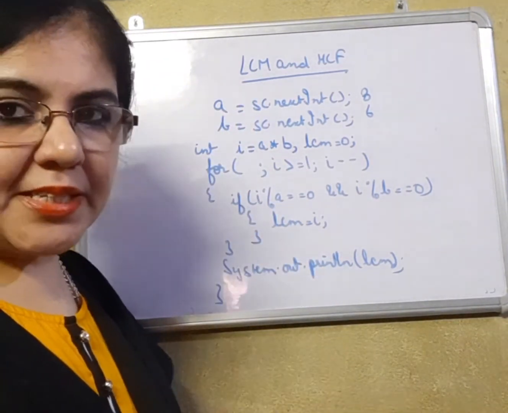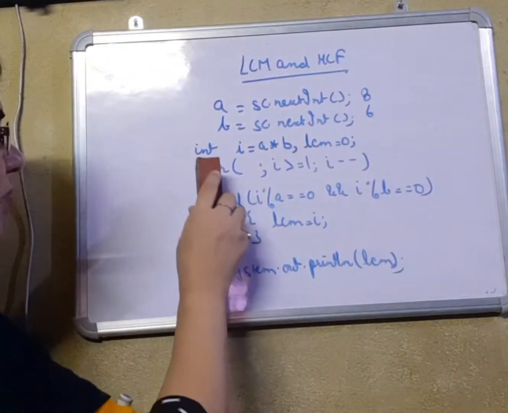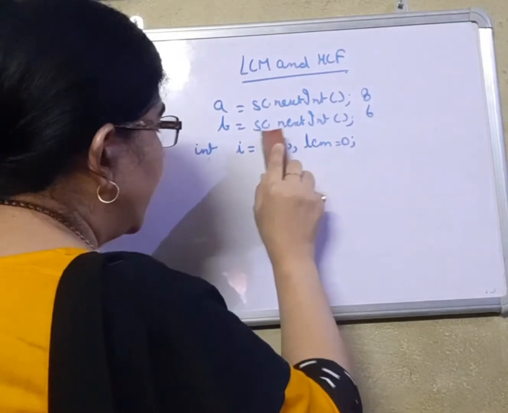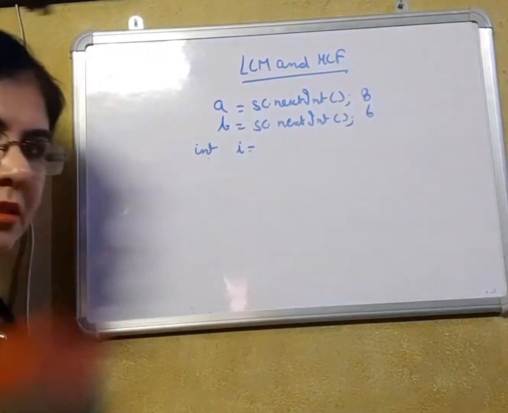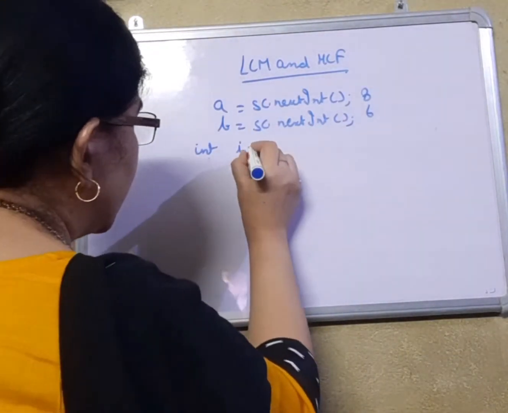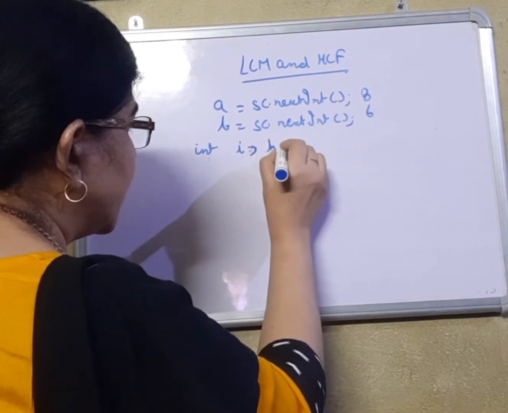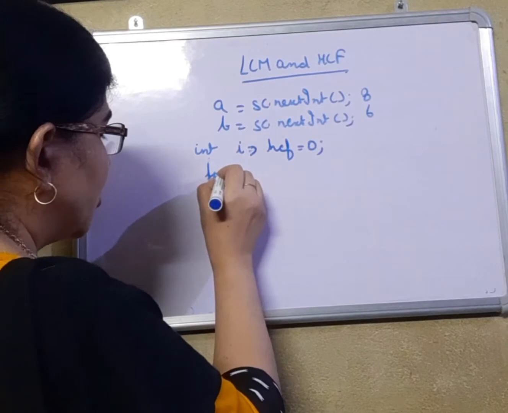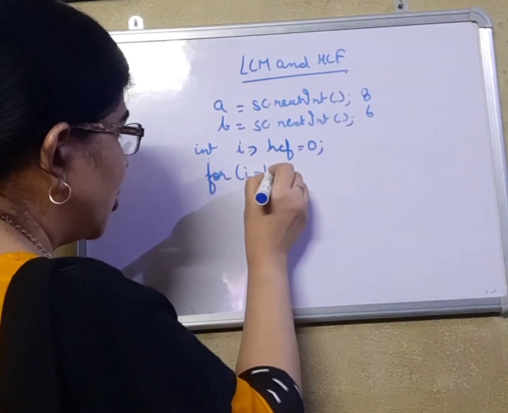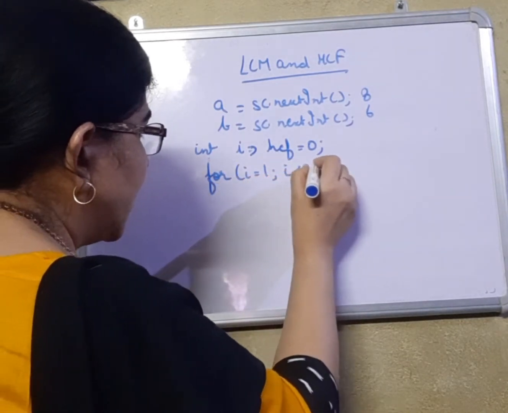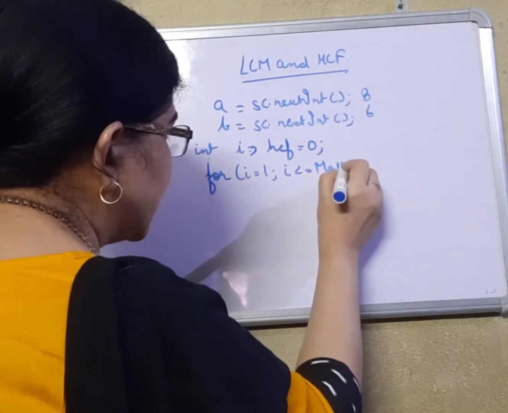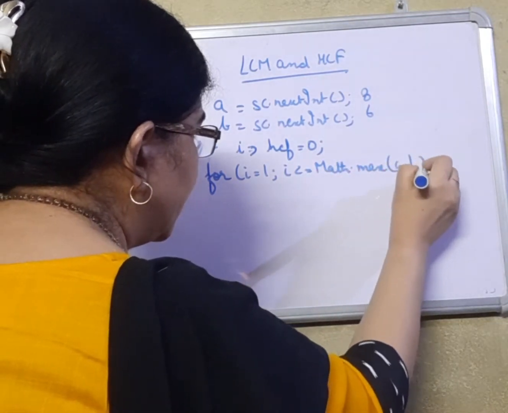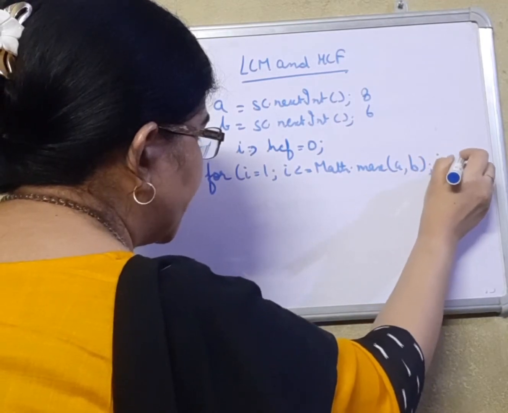Let's look at HCF. If the same numbers have to be calculated for HCF, then in that case we will declare I and HCF as variables. And our for loop is going to run from I is equal to 1, I less than equal to Math.max(A, B), I plus plus.